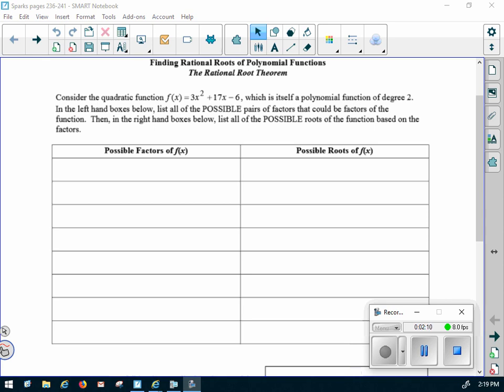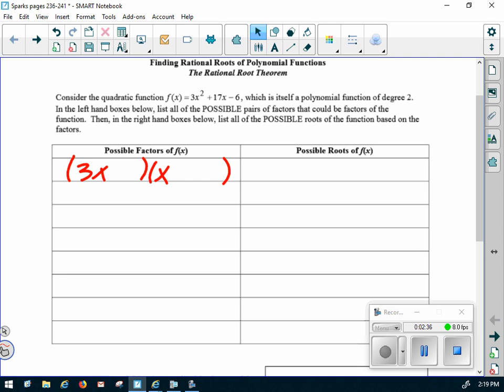Here's what I'm going to do. I'm going to pretend that you do not know how to factor, and I'm going to show you all of the different possibilities we would have if we factored this by guess and check. I'd say, well, 3x squared factors into 3x times x.